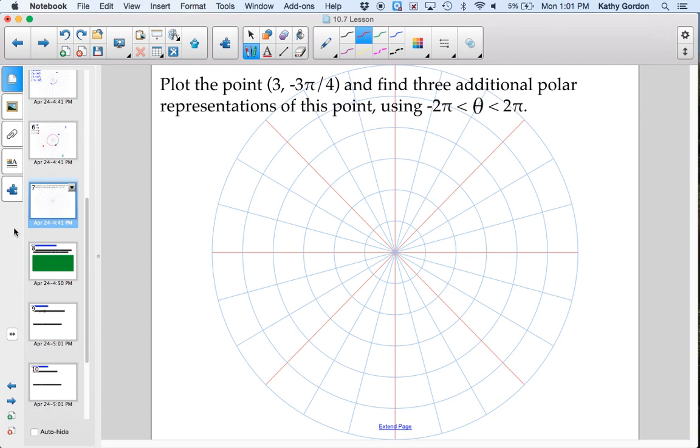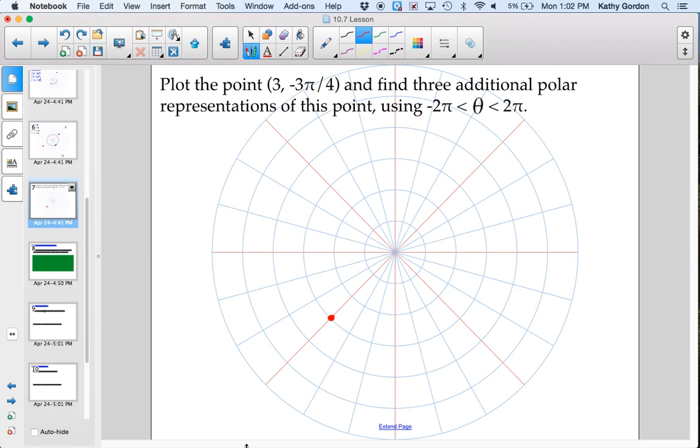Clockwise, how far? 3 lines. 1, 2, 3. And then another 1, 2, 3, 4, 5, 6. There. Should I be on that terminal side or the other direction? On it. And so 3 out, 1, 2, 3. That's the point I'm talking about.